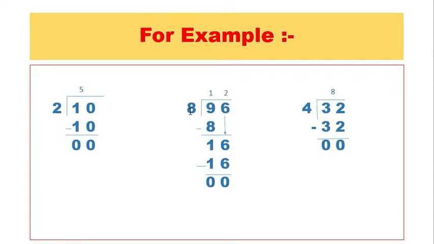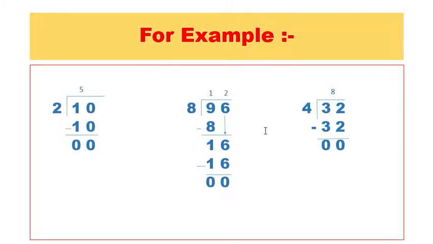Can we find it? Yes, 8 multiplied by 2, 8 2s are 16. 16 minus 16: 6 minus 6 is 0, 1 minus 1 is 0.